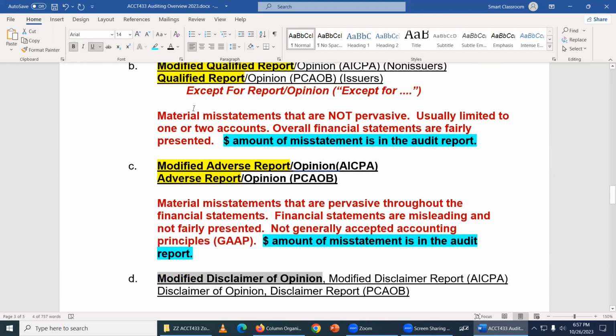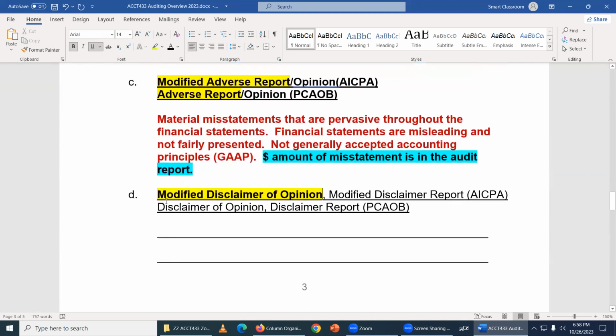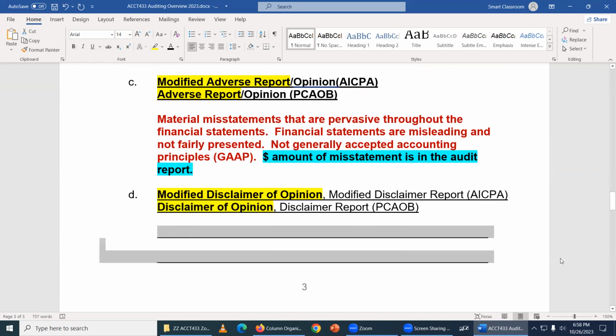Modified disclaimer of an opinion, or a disclaimer of an opinion, often called just a disclaimer. A disclaimer happens when the auditors are unable to get enough evidence to support an opinion.